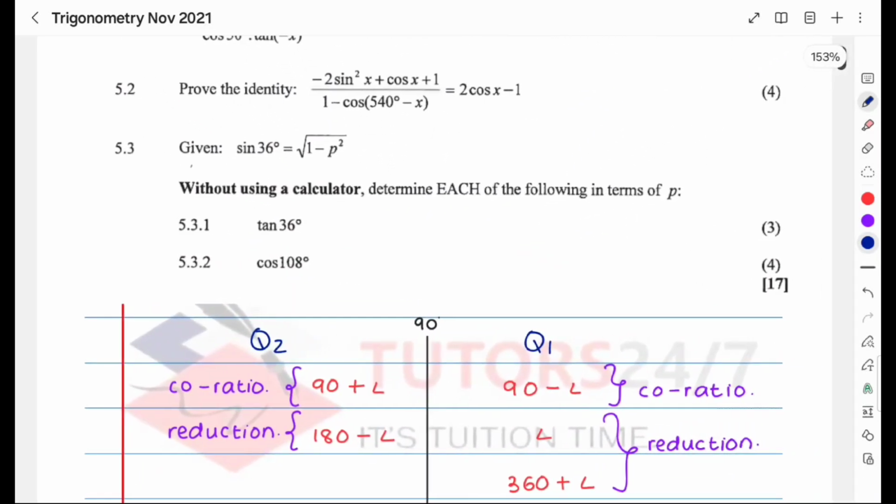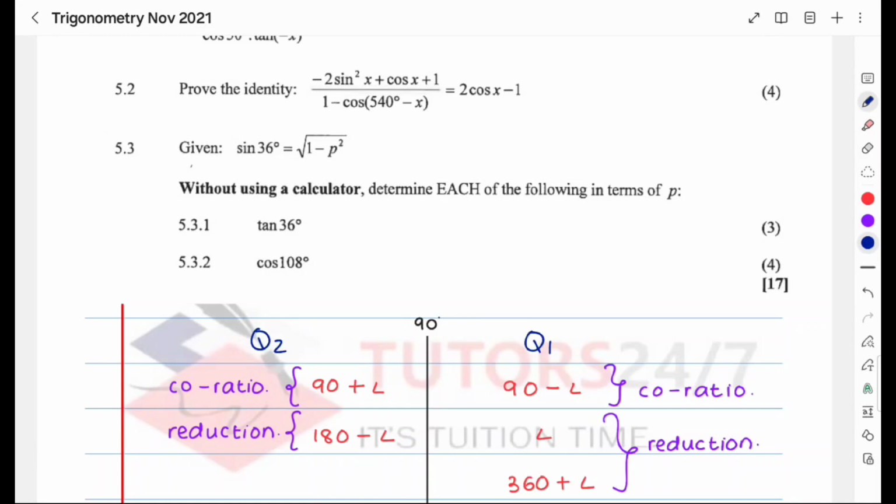So next we have question 5.3. Given sine of 36 is equal to the square root of 1 minus p squared. So keep in mind we were given the ratio sine of 36. Sine is equal to the opposite over the hypotenuse. So just from the information provided, we already know what is the opposite of the triangle.